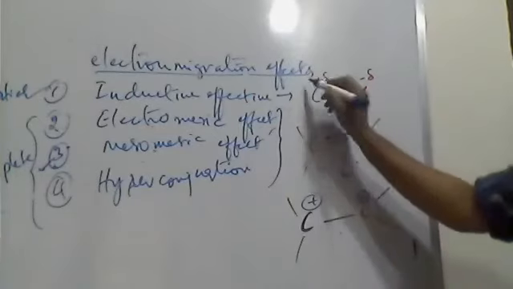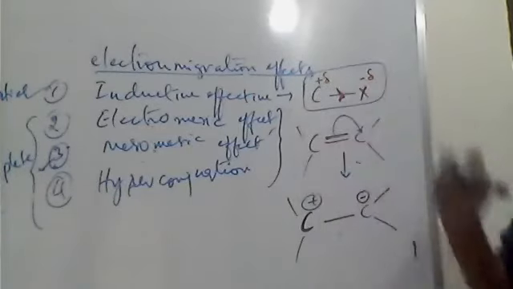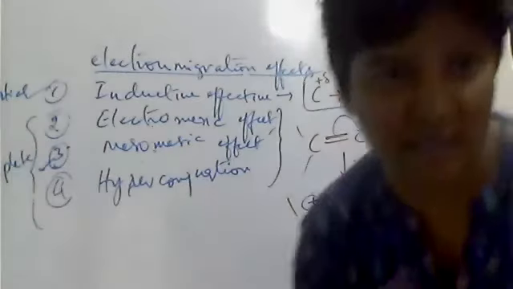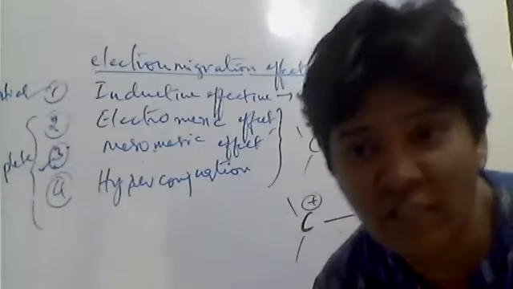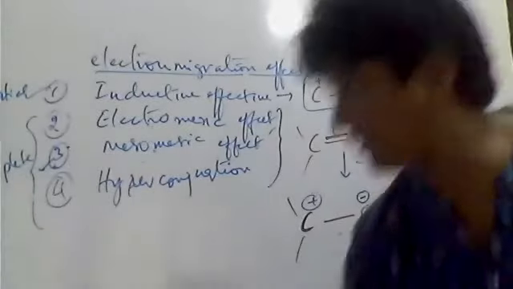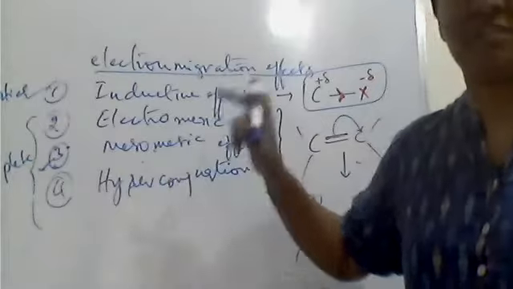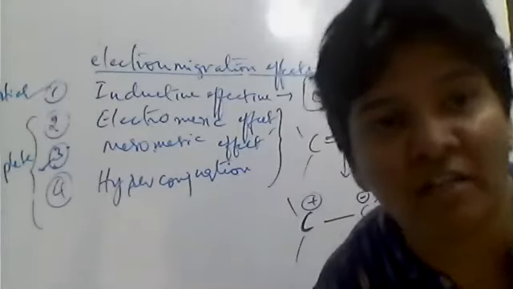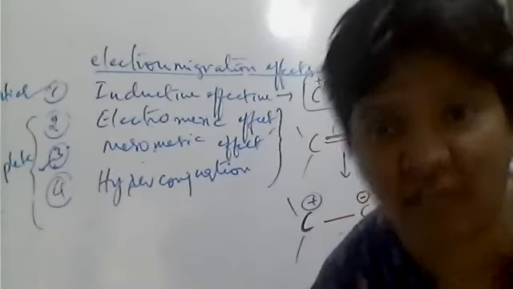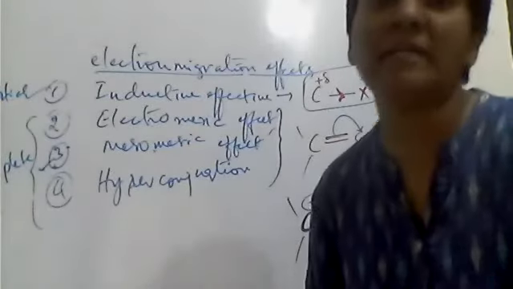Then partial transfer gives a partial positive charge and partial negative charge. So one thing is completed. Clear? So in which of the electron migration effects is the bond moving partially? In inductive effect. In inductive effect, the bond moves partially, whereas in all the others the complete transfer of bond takes place. Then one more thing.